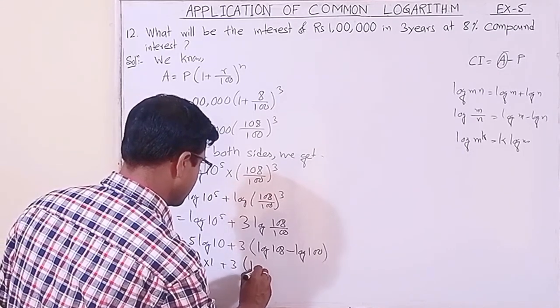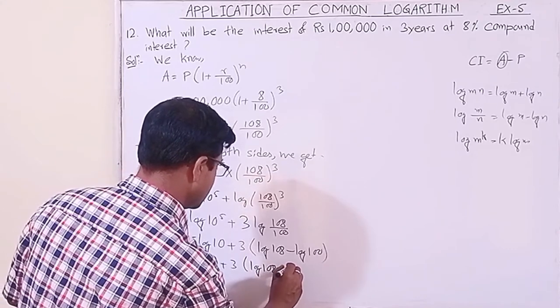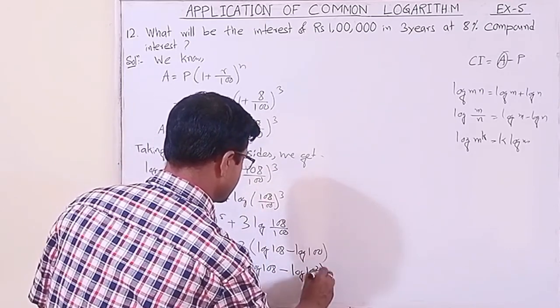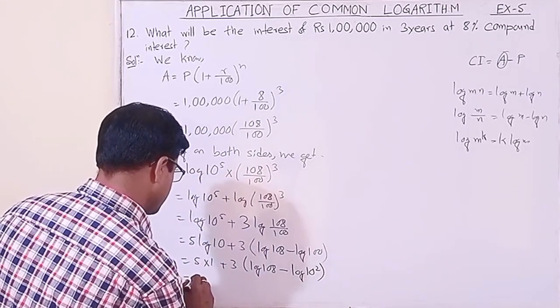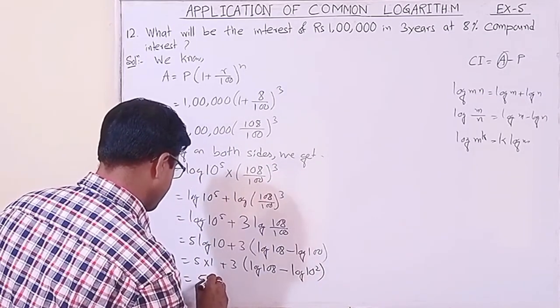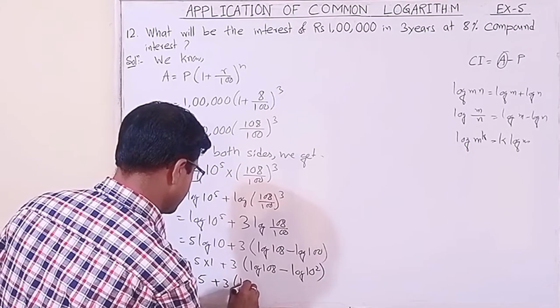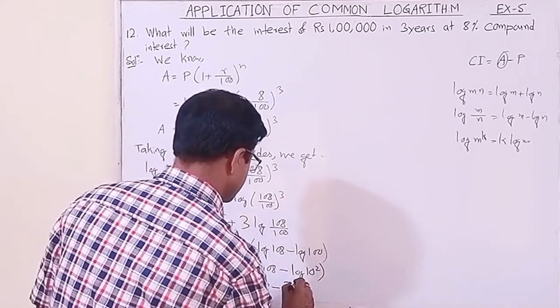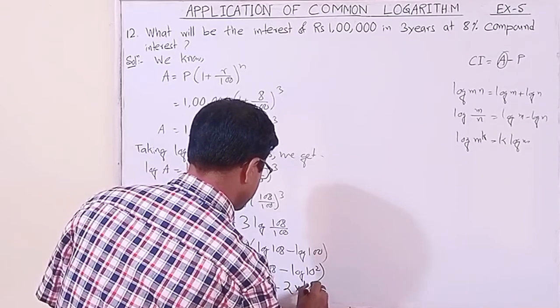Log 100 means 10 square, so the 2 will come in front, 2 into log of 10.